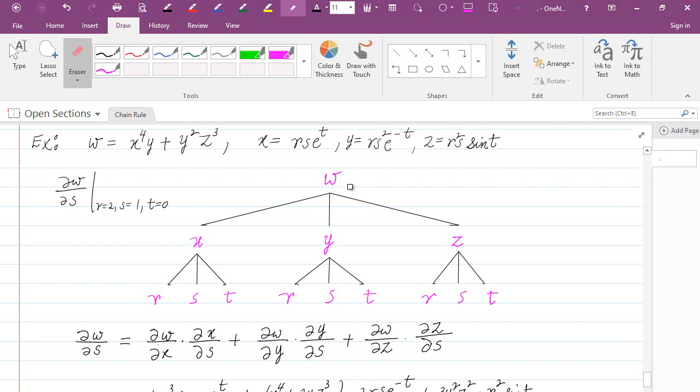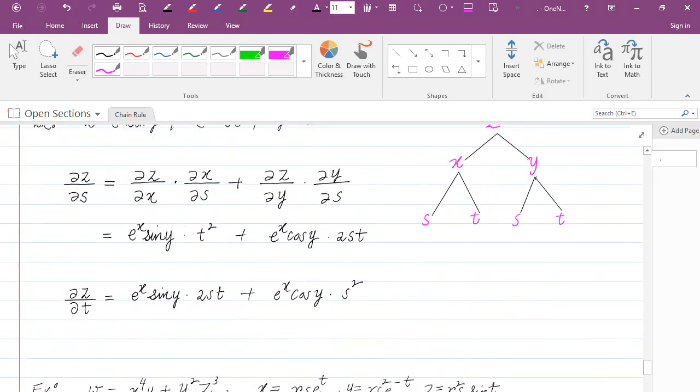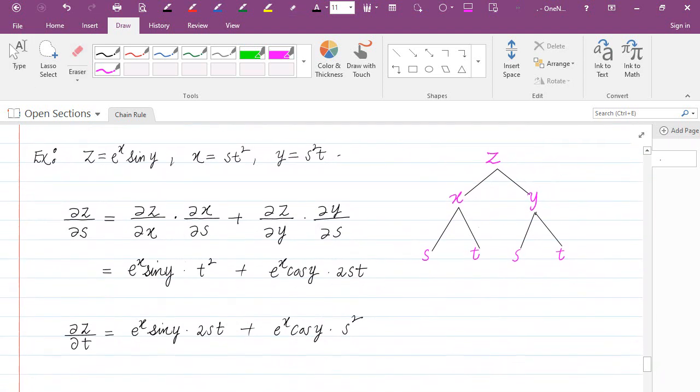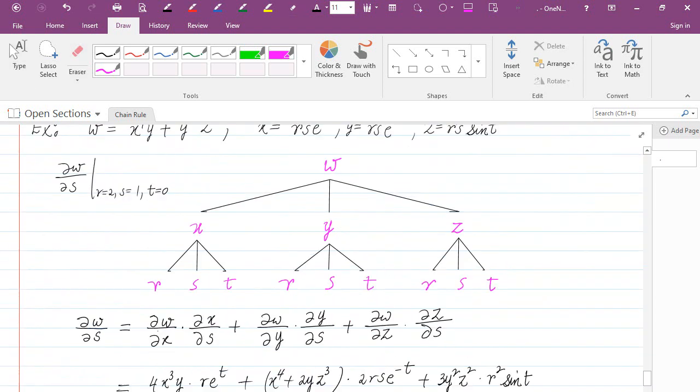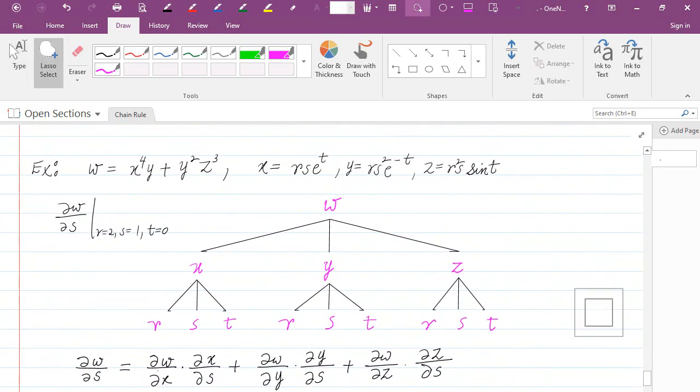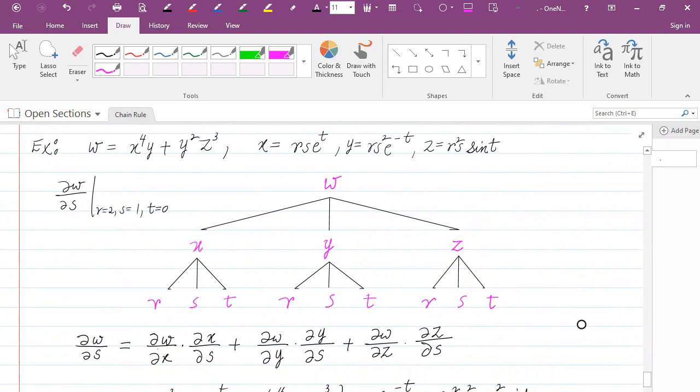So this w is a function of 3 variables, so we're going to get 3 summands in our partial derivative. In the previous example, z was a function of 2 variables and we have 2 summands in the expression for the chain rule. Okay, so now we have to calculate these partials.